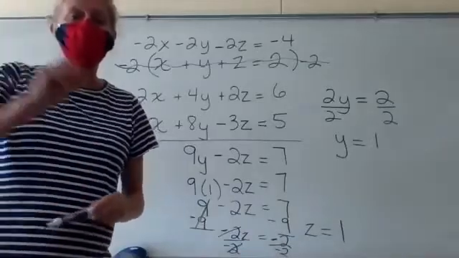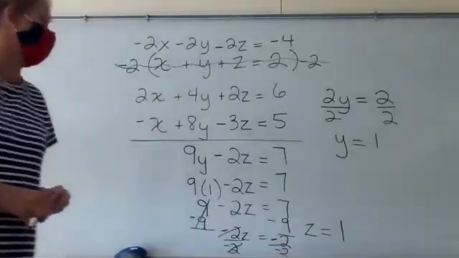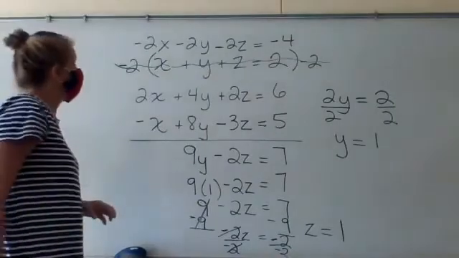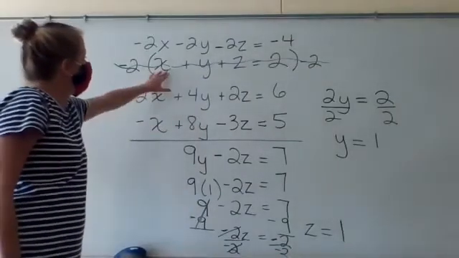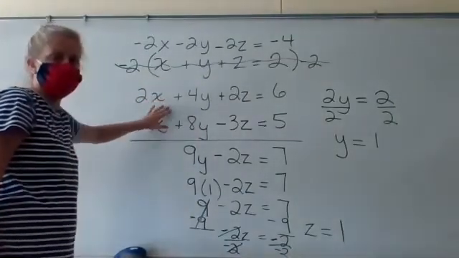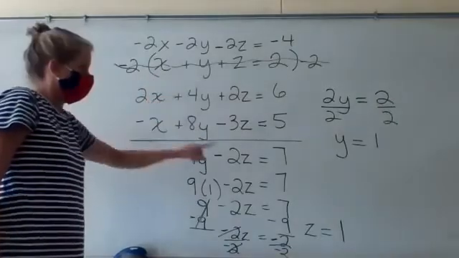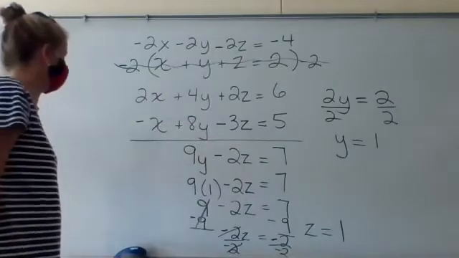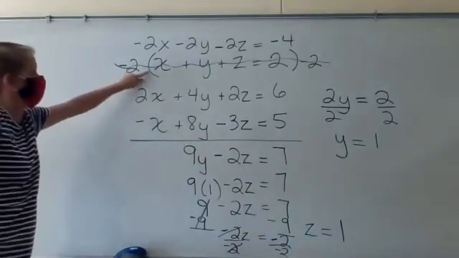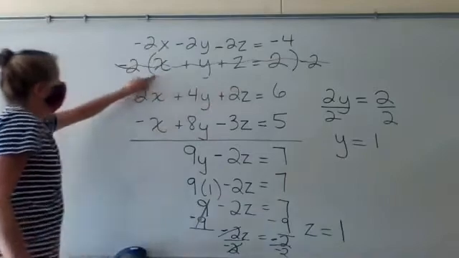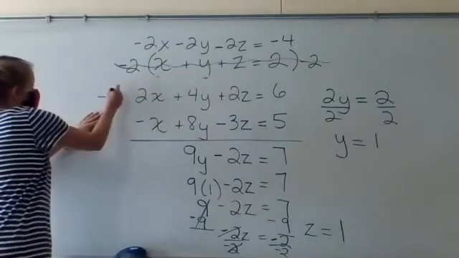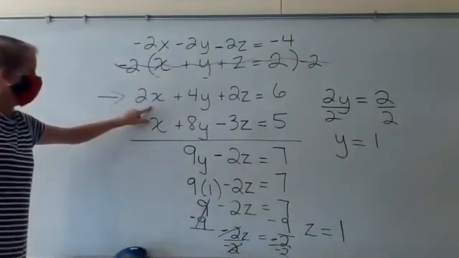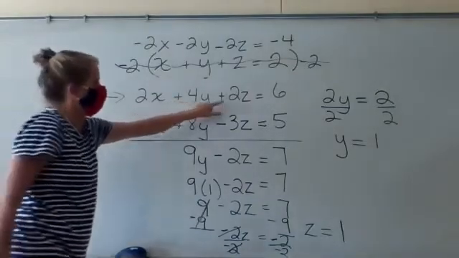So I only have one letter that I now have left to find, which is x, which means I can go back up to any of the three original equations, replace the y with 1 and the z with 1. Doesn't matter. Let's just do this middle one. I'm going to replace the y with 1 and the z with 1.